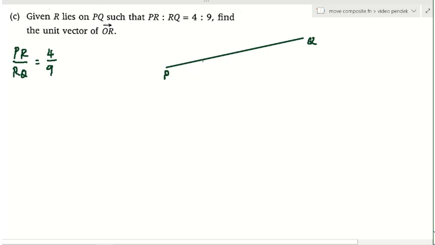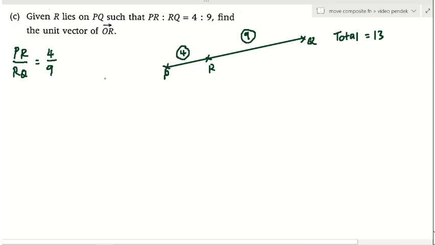Class, you have to remember that. So R is around here, where P to R is 4 units and R to Q is 9 units. Total is 13 units as a representation of ratio, not the usual length.